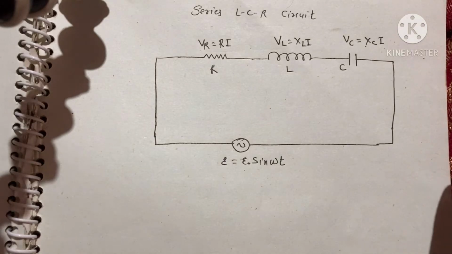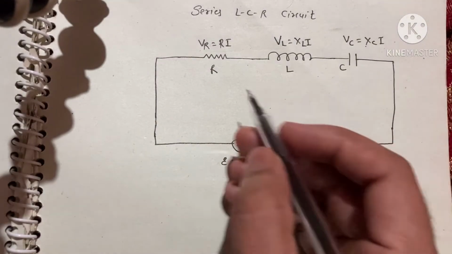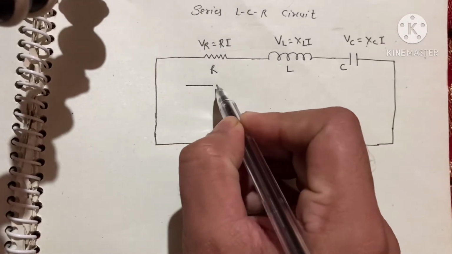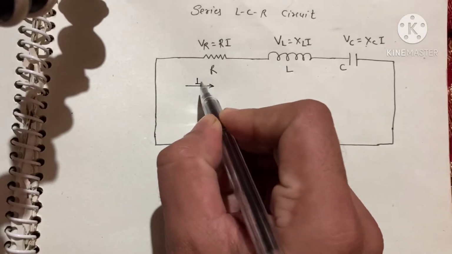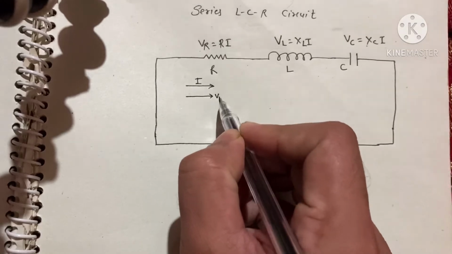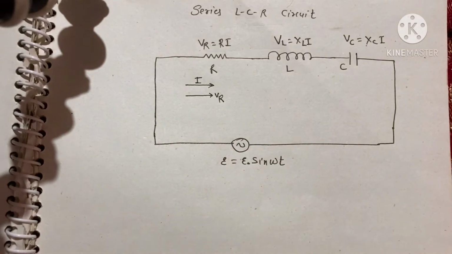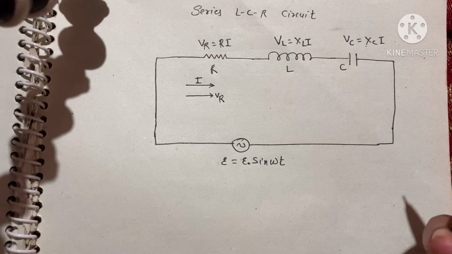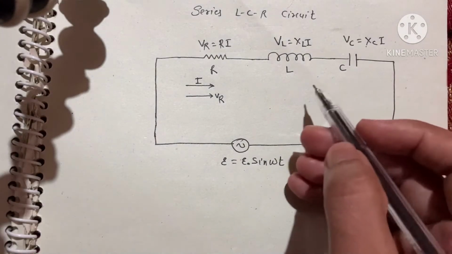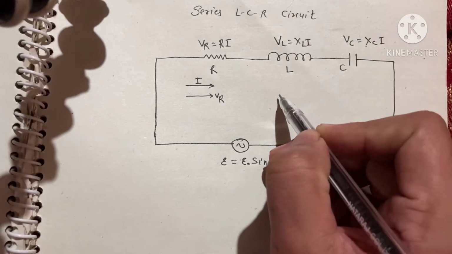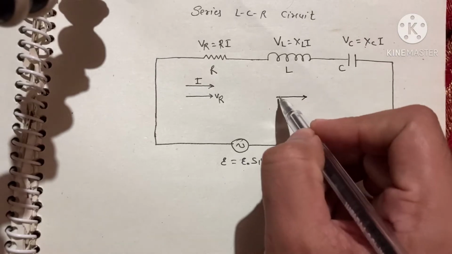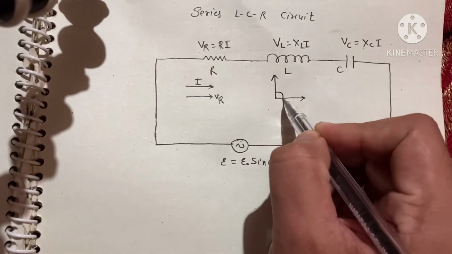Now if we look at the phase relation individually, in a resistor the current and voltage are in the same phase. So this is the current, and this is the voltage across the resistor. They are in the same phase. In the case of an inductor, we have seen that the voltage leads the current by pi by 2 radian. If this is the current line, the voltage line will be at pi by 2.